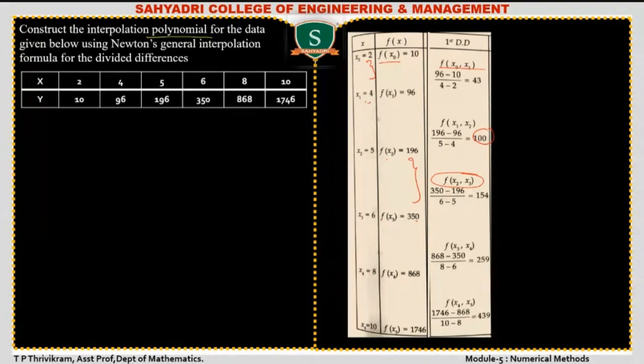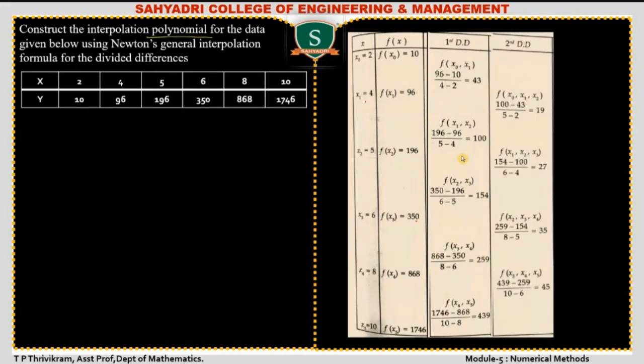The second pair is 5 minus 4, which is 1. Next, the difference is 2, and here also 2. So the data is random; it does not follow one particular difference. When the data is given like this, we can make use of Newton's divided difference, and I have calculated the first order differences also.